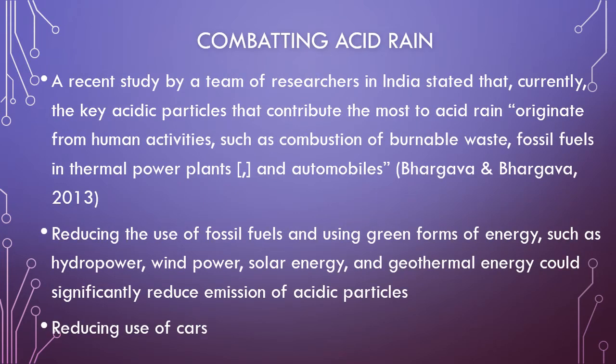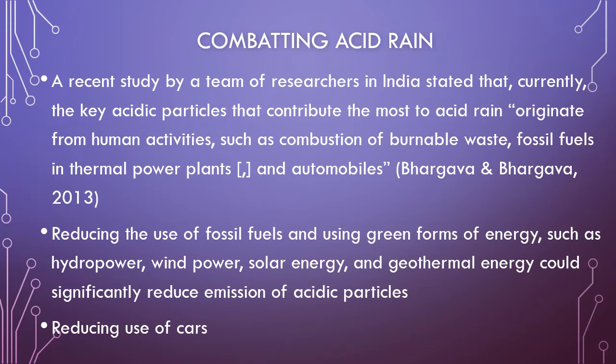Similar to old studies that attributed the ultimate or root cause of acid rain to acidic particles being emitted from human activities, a recent study by a team of researchers in India stated that currently the key acidic particles that contribute the most to acid rain originate from human activities such as combustion of burnable waste, fossil fuels, and thermal power plants and automobiles.